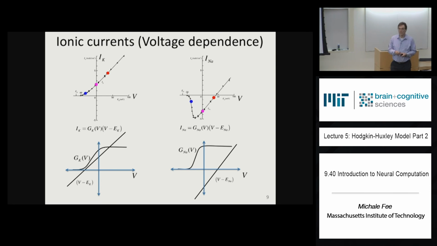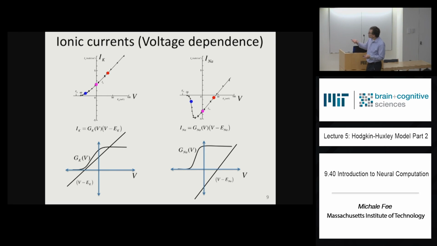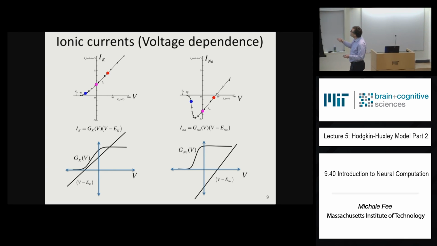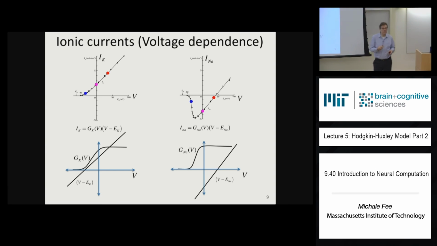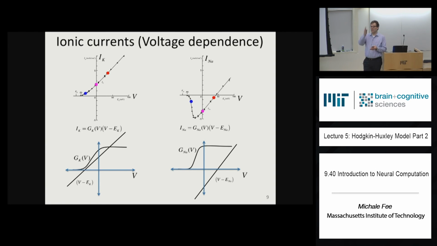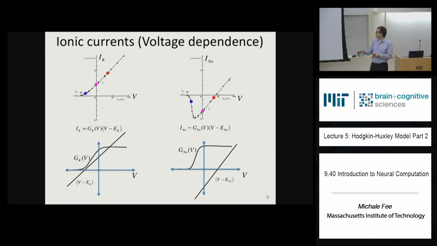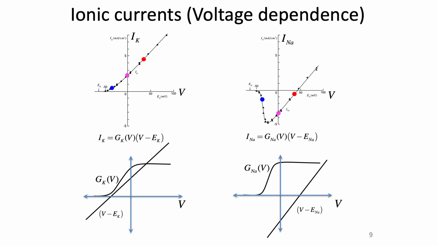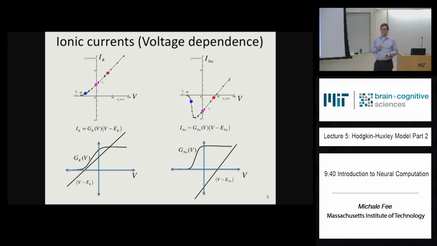Okay? All right, good. So now you can see where this kind of weird shape of these sodium and potassium currents comes from. It's actually very simple. It's just a resistor in series with a battery that gives you this driving potential offset from 0. And that's multiplied by this voltage-dependent conductance.